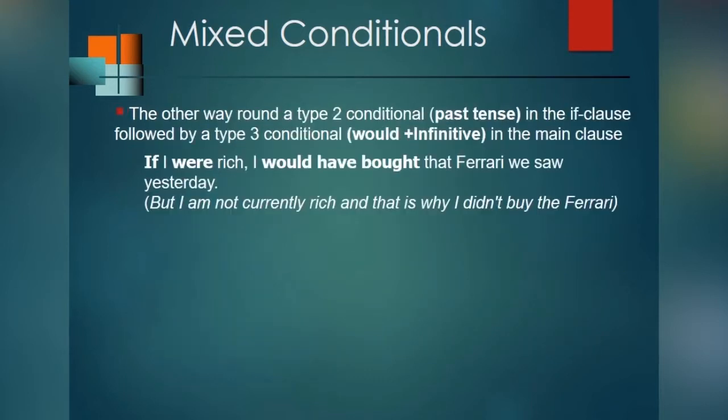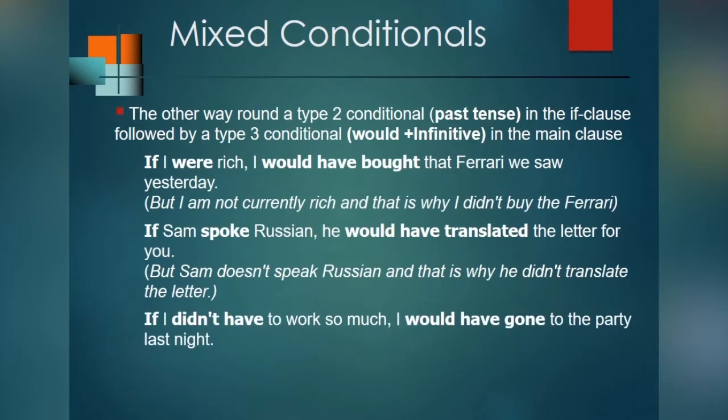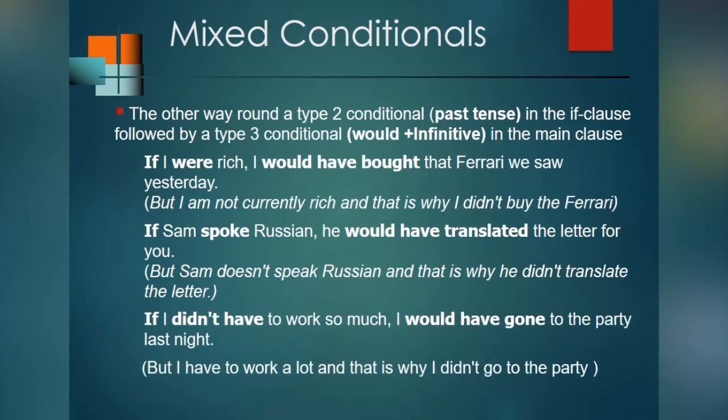Then we can also make a mixed conditional the other way around, with a second conditional in the if clause and a third conditional in the main clause, in which in this structure we talk about a present situation that explains something about the past. For example, if I were rich, but nowadays I'm not currently rich, I would have bought that Ferrari, but I didn't buy it. And you can see other two examples here of this mixed conditional.